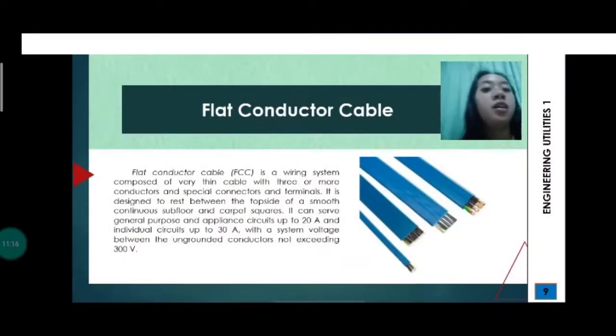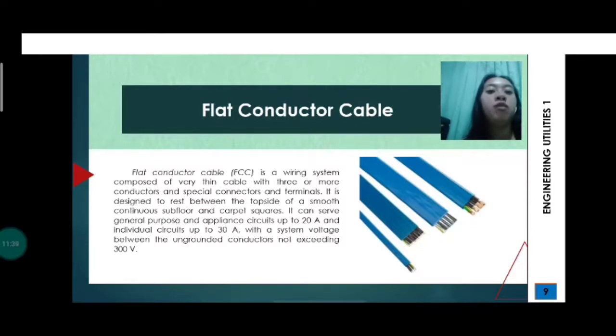Next is flat conductor cable. Flat conductor cable, or FCC, is a wiring system composed of very thin cable with 3 or more conductors and special connection and terminals. It is designed to rest between the top side of a smooth, continuous subfloor and carpet squares.